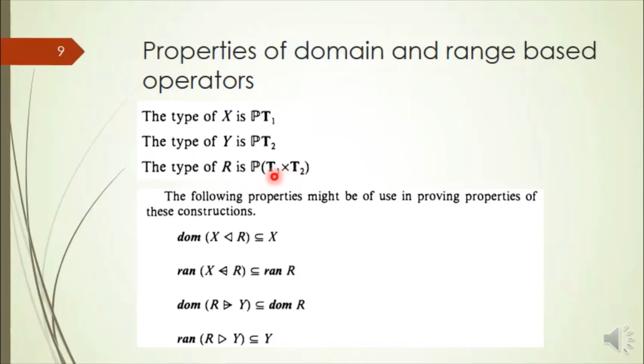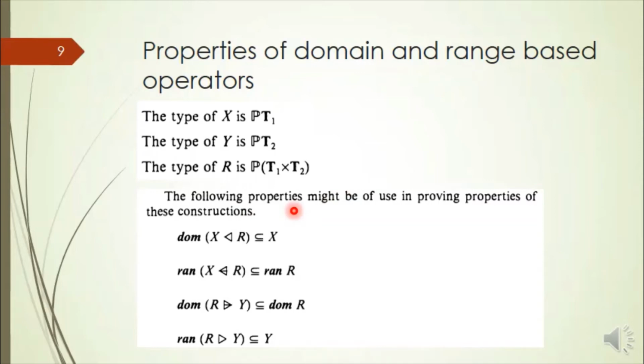We have already discussed how we can make a relation data type by taking two sets. So R is a type of T1 double arrow T2. The following properties might be of use in proving properties of these constructions.